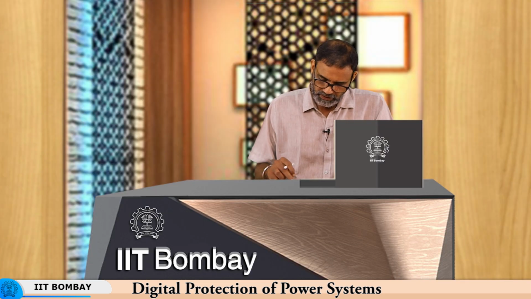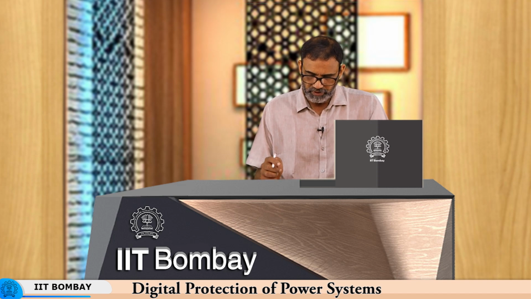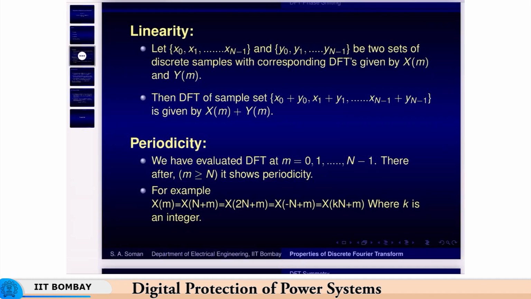We will just have a look at that and then come back and prove it. Okay. So, what do we have? We have evaluated up to n minus 1. After n, that is m greater than or equal to n, it shows periodicity.